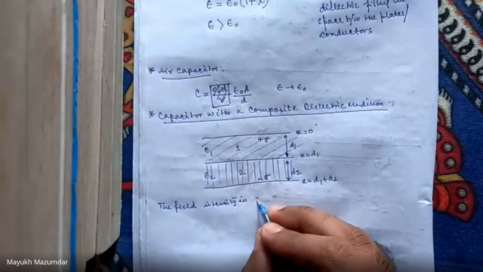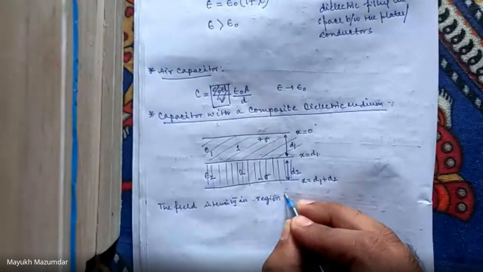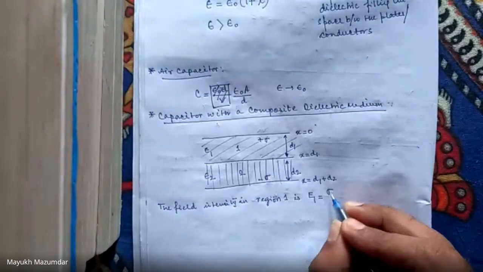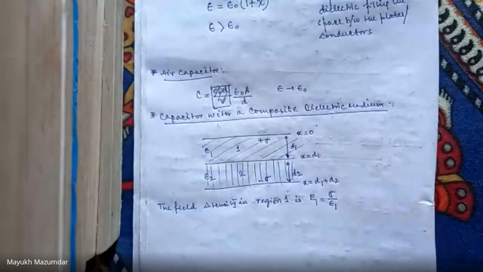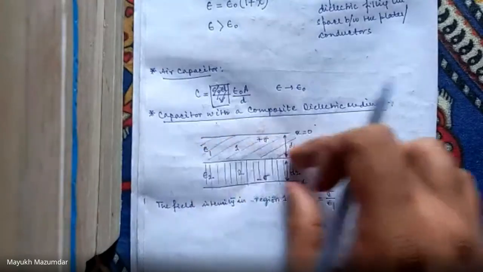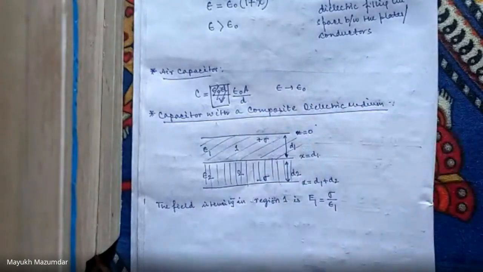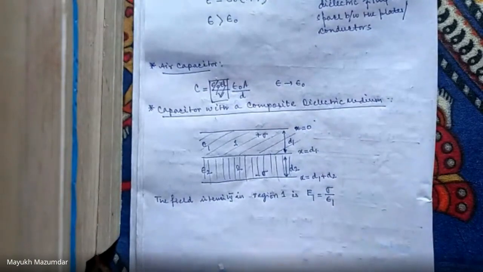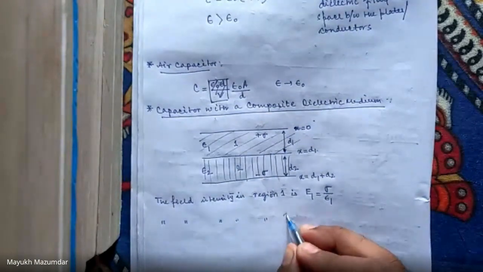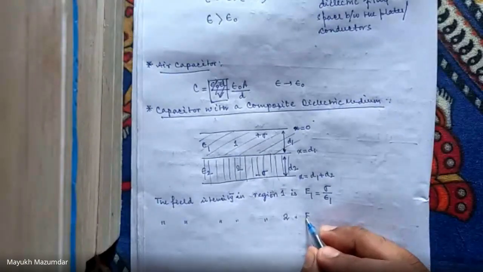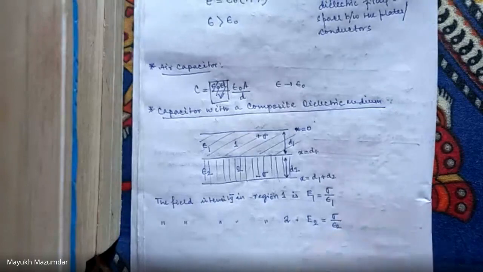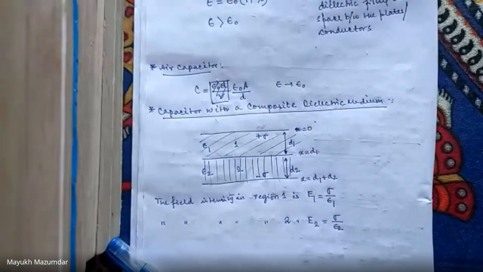In region 1 it will be E1 equal to sigma by epsilon 1. And this thing is placed parallel, else we couldn't have written it like this. And the field intensity in the second region would be this. I think everyone is okay with this.